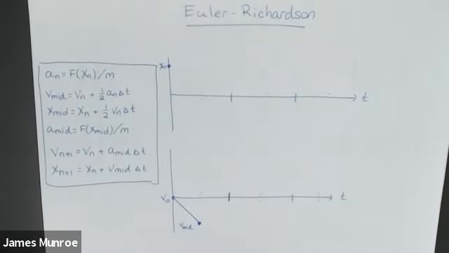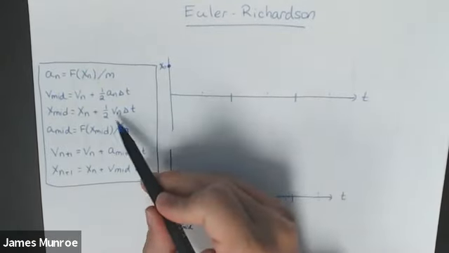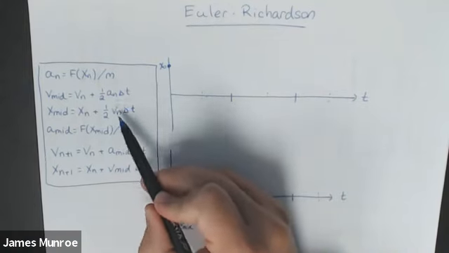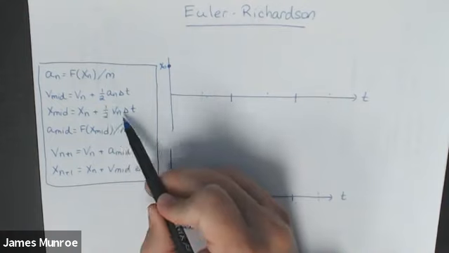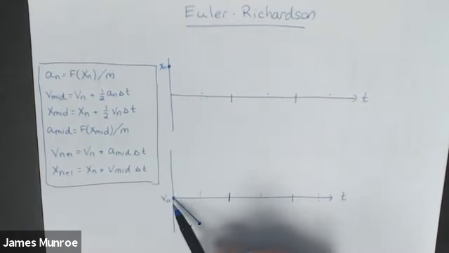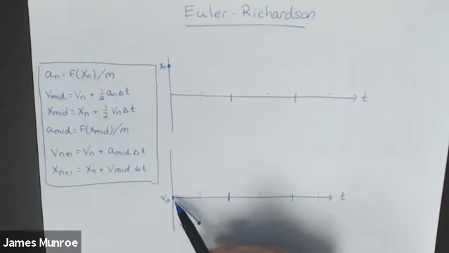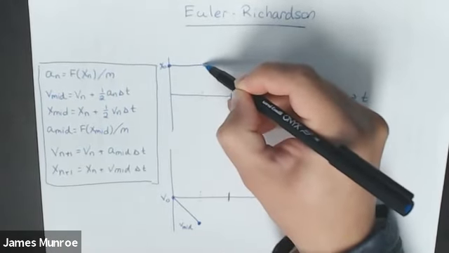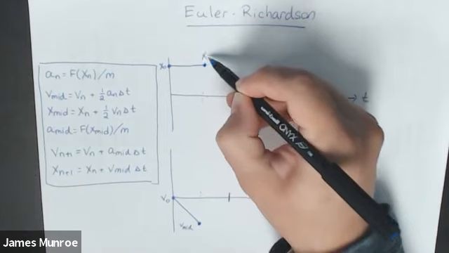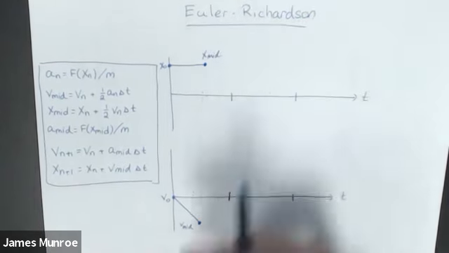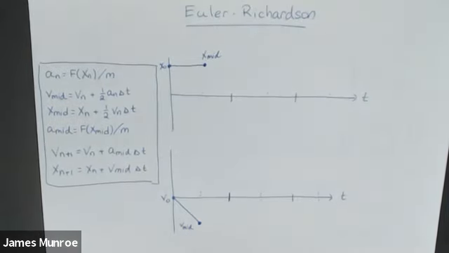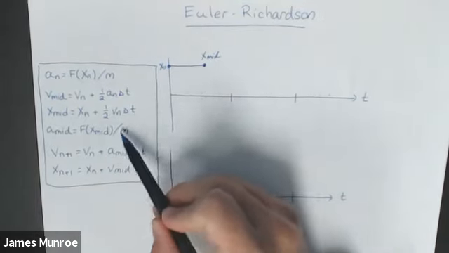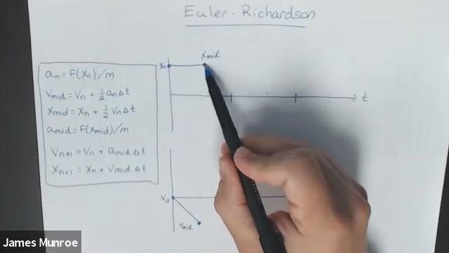step. I'm going to calculate what the position would be at the mid step. Because I don't know the velocities, I'm going to use the velocity at the beginning. The velocity at the beginning starts off at 0. So I'm using that initial velocity to come up with a mid value of the position. Then what I do is I calculate the force or the acceleration based on this new mid value.